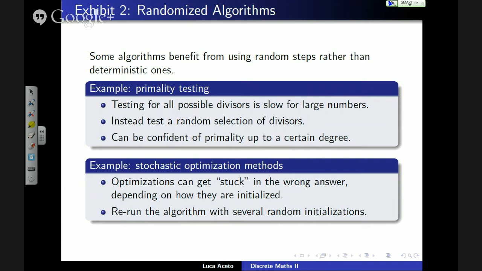But for a long time, and in fact even now, the most efficient way of testing for primality of numbers is a probabilistic algorithm that goes back to a guy called Michael Rabin and his collaborators. The idea is that you forget about being 100% sure that the number is prime.